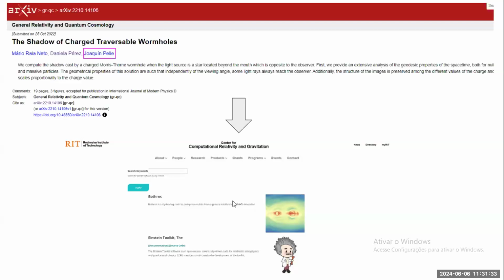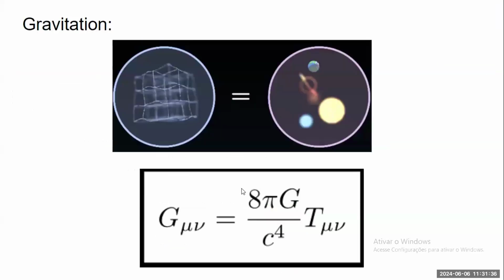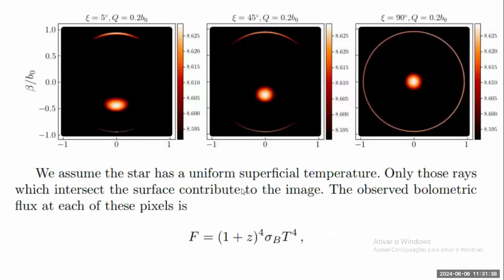So just a quick comment about this paper. We were studying the photon ring of a charged black hole. Me and Daniela did the analytical calculations, and then Joaquin, the third author, used a code called Skylight and plotted the photon ring.